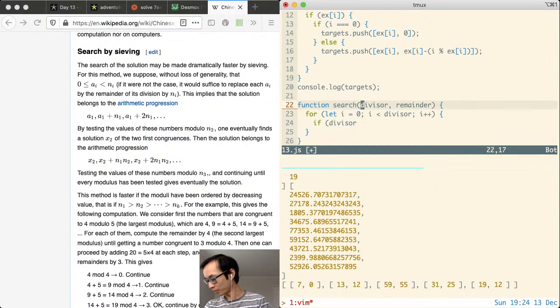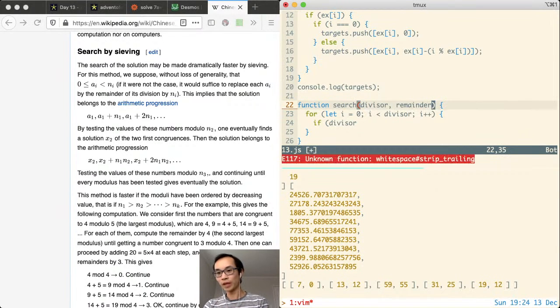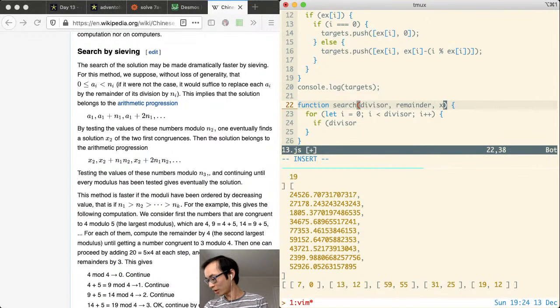We need to have our continuous solution as well. We have x, and we have, I know what I want. I just have to put it together.